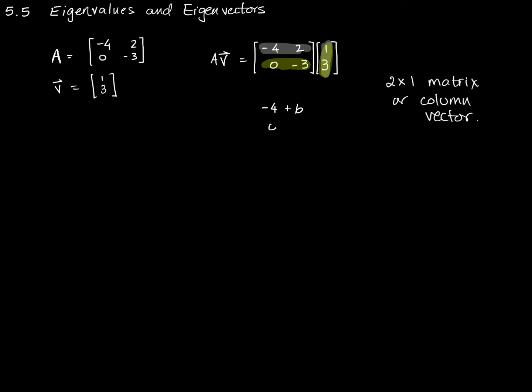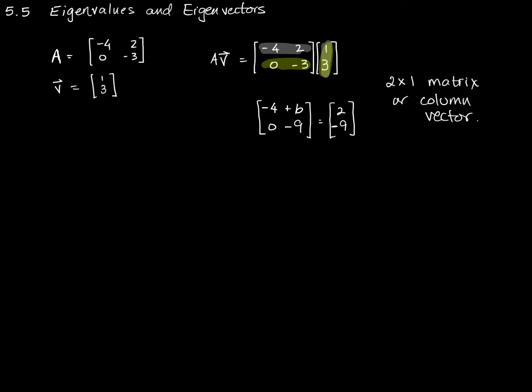That gives me 0 plus -9. And if I simplify that, I get 2, -9. So that is how we do matrix multiplication. And in particular, one of my matrices here is a column matrix, otherwise known as a vector. So I was able to do this matrix multiplication, and when I did, I got this result.